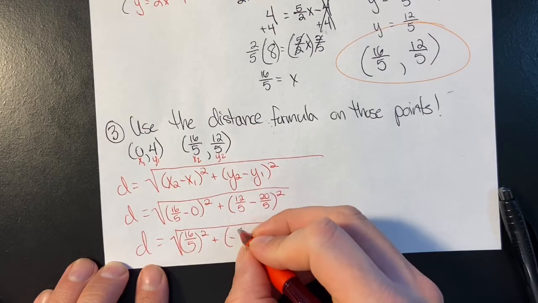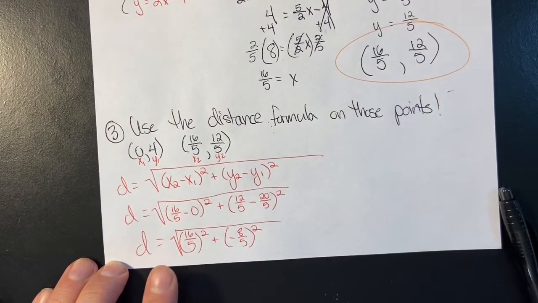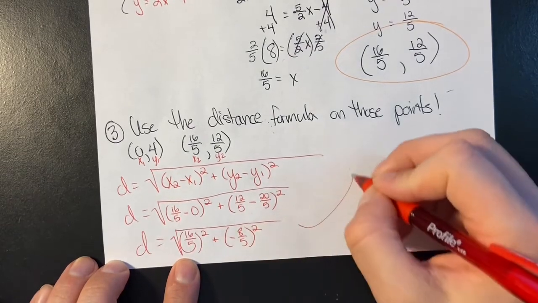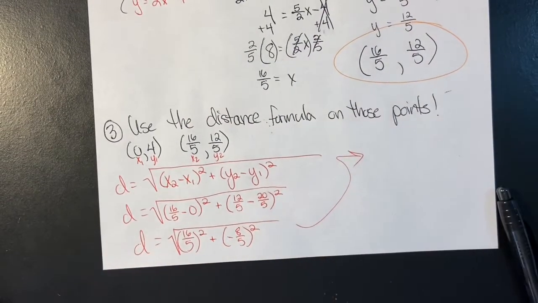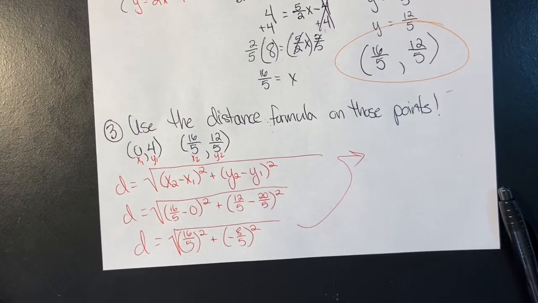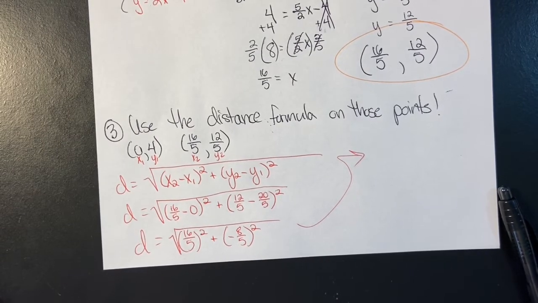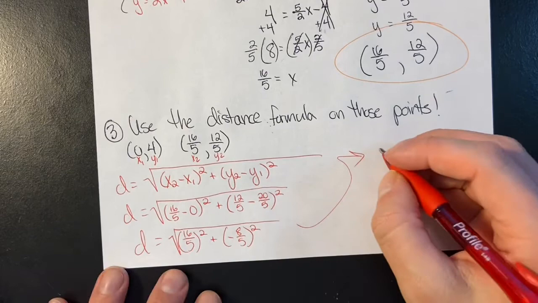Now I have 16 fifths squared plus negative 8 fifths squared. 16 squared, I think I know this, but I'm drawing a blank here. 16 squared is 256. I did know that.